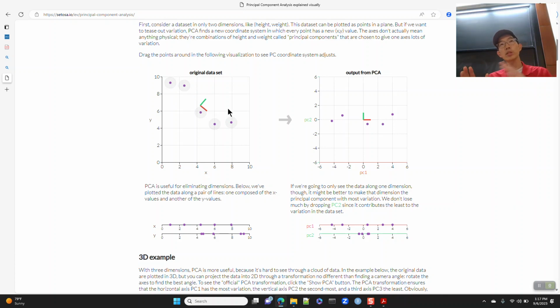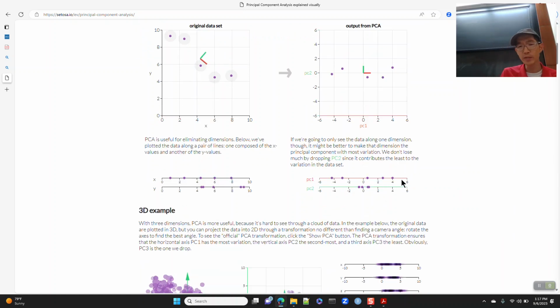So PCA is just a rotation, and we're looking at what the shadow is if I cast a light from up here at the top and cast them down. The shadow that these 5 data points produce in the first principal component direction is this. If I cast a light from over here, the shadow that these data points produce on PC2 is this. Okay, so that's what we have.